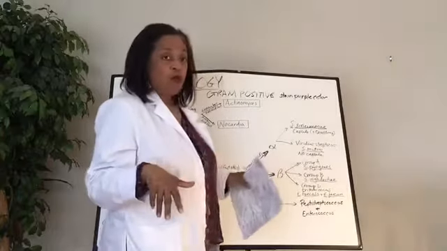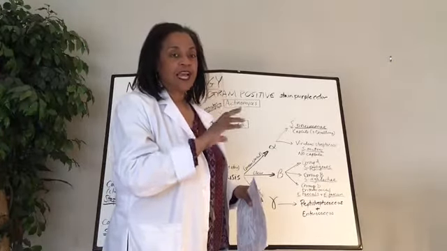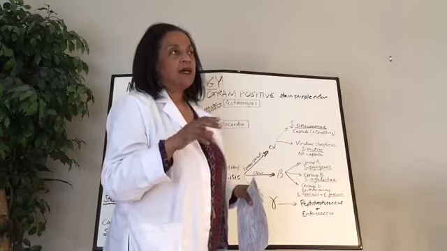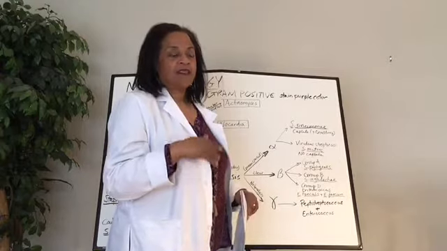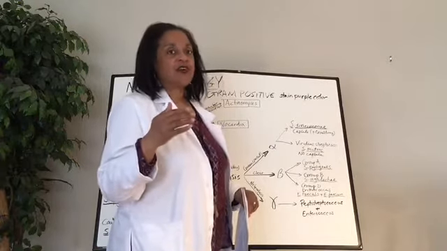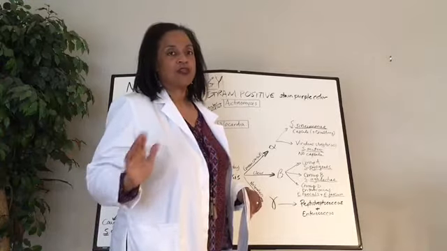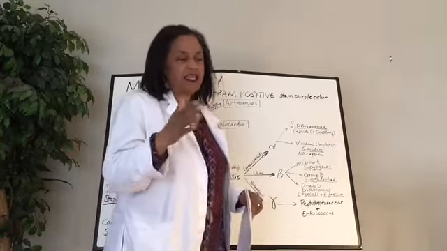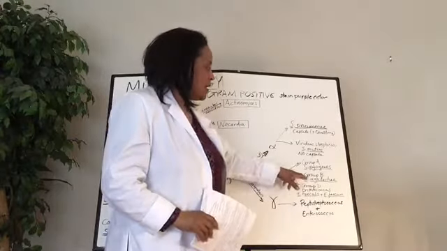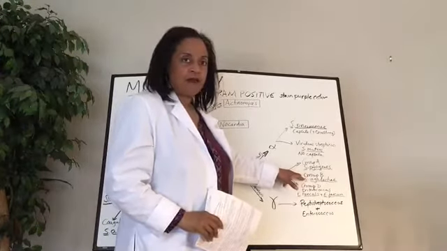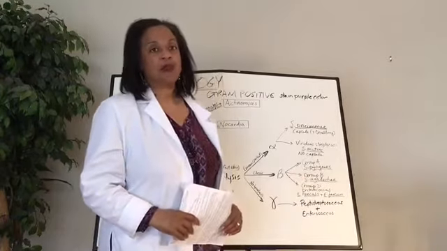It's a normal flora, usually for the vagina, but usually the OBGYN will treat the mother with antibiotics, maybe in the first trimester and later in the third trimester, during the time when they think the birth is going to occur, to mitigate the chance of the baby acquiring this Group B strep.